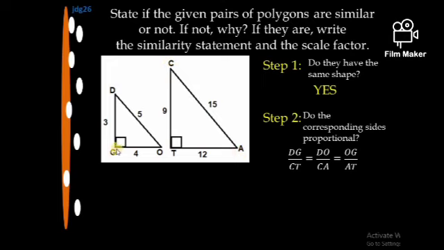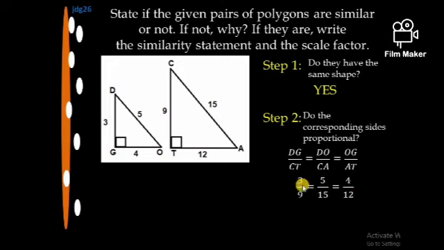Smaller, OG, ang corresponding side niya sa bigger ay AT. And then, palitan natin ang mga measures. DG is equals to 3 over 9. DO over CA is 5 over 15. OG over AT is equals to 4 over 12.